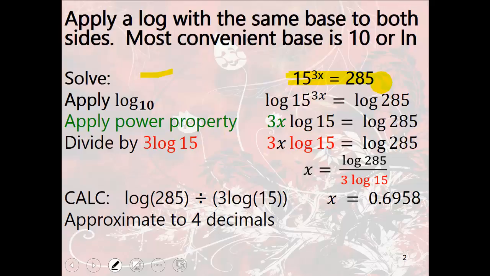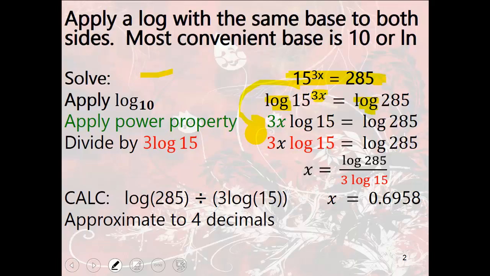If I apply the log base 10 to both sides, that's where this log came from: log base 10 of 15 to the 3x has to equal log base 10 of 285. Now I'm going to apply the properties, and take my exponent and move it to my coefficient spot. That's the power property. So 3x times log 15 has to equal log 285.